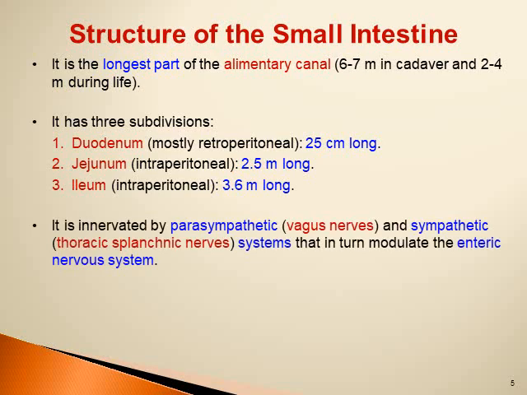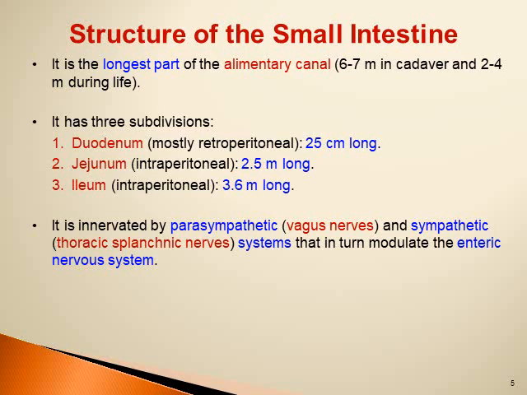The small intestine is innervated by the parasympathetic division of the autonomic nervous system. The fibers run through the vagus nerve, and the sympathetic division of the autonomic nervous system through the thoracic splanchnic nerves that in turn modulate the enteric nervous system.